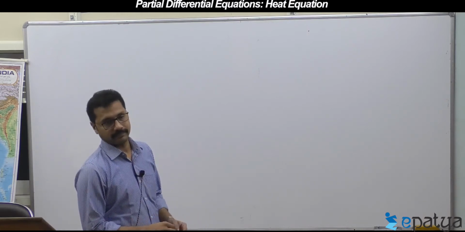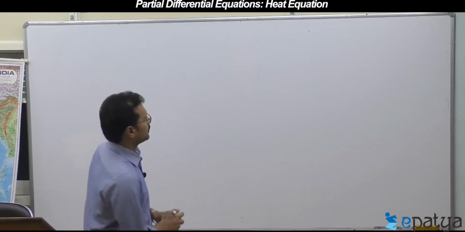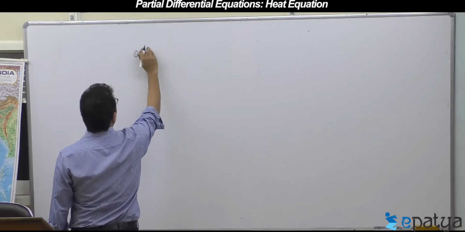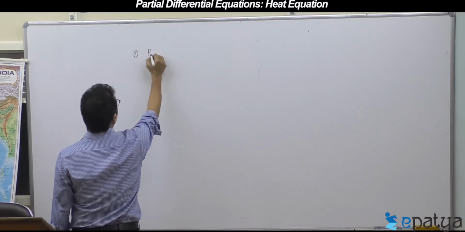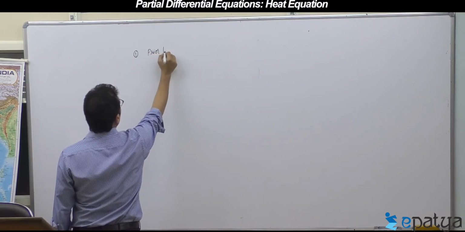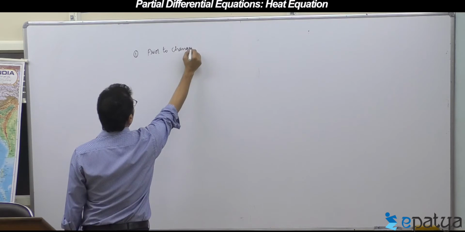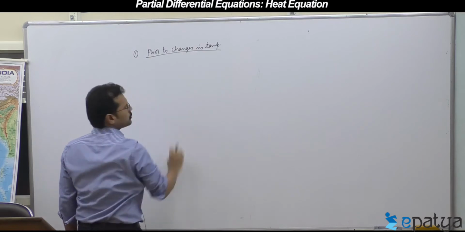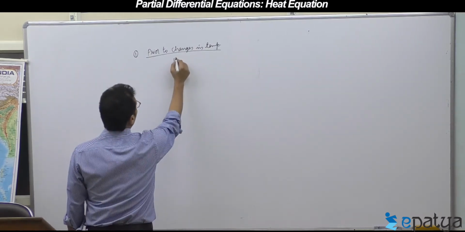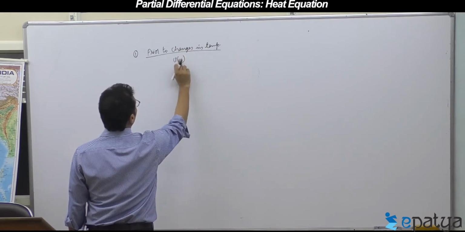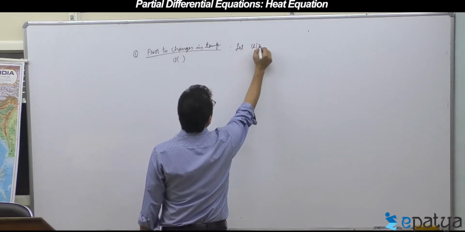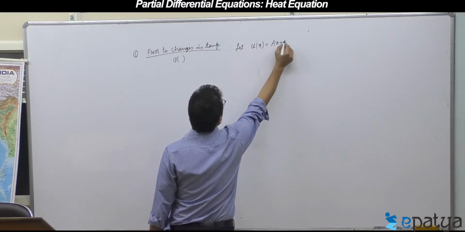Understood the question? So what we'll do is, first, prior to changes in temperature, let u of x be equal to ax plus b.